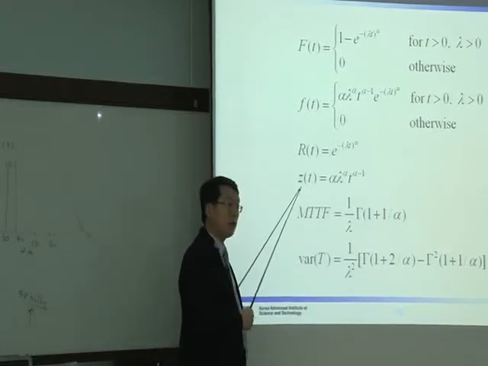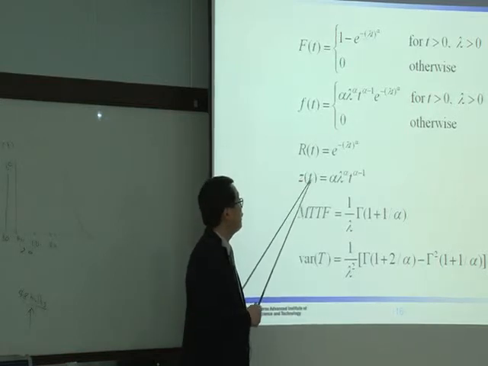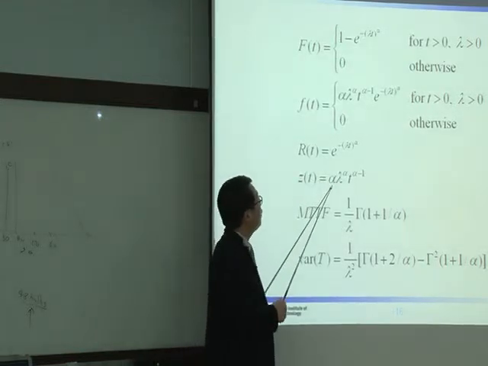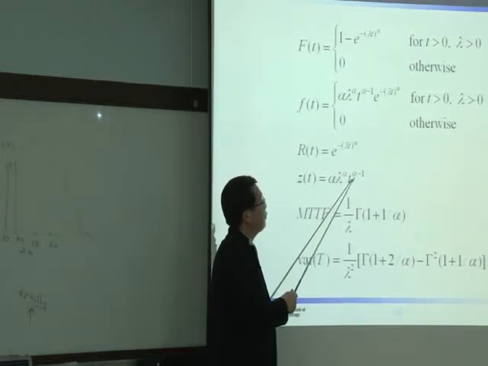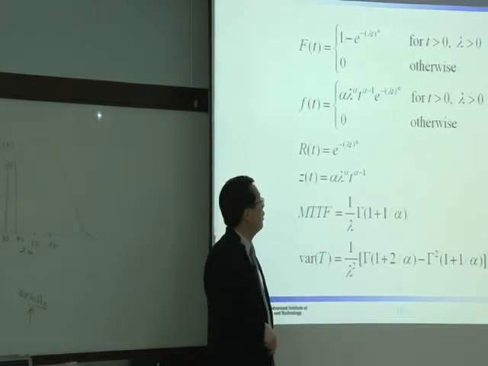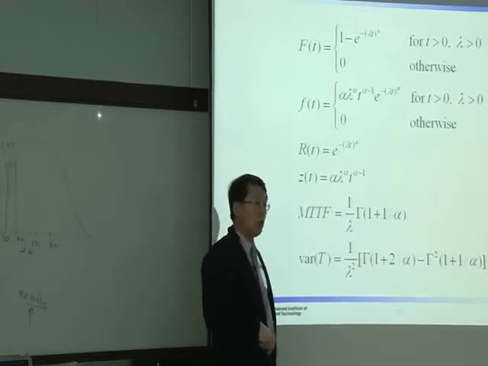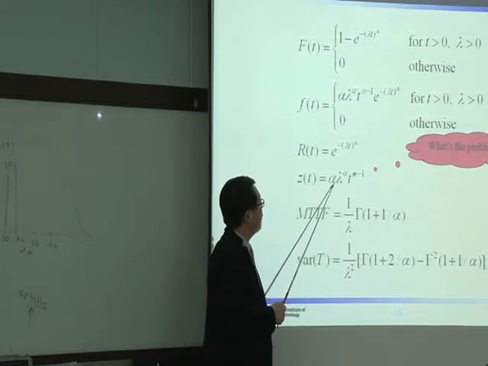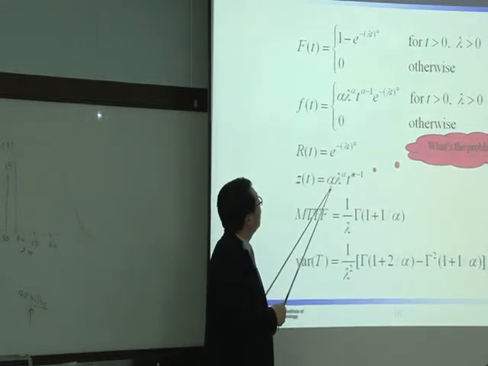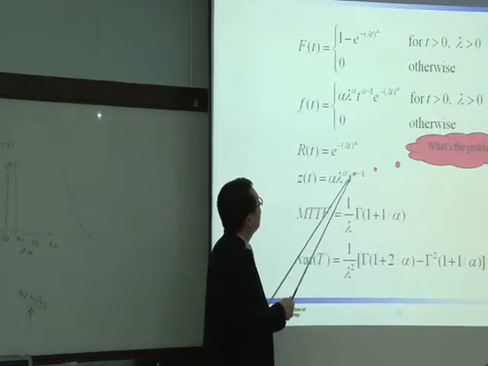The important thing is that g(t) is expressed by alpha lambda to the alpha, t to the alpha minus 1. So the challenge is how can we estimate alpha and lambda?